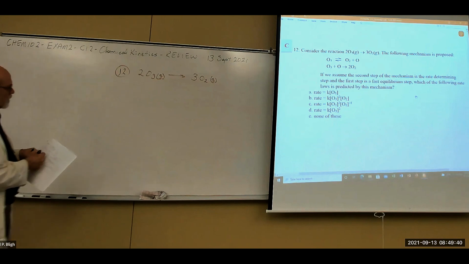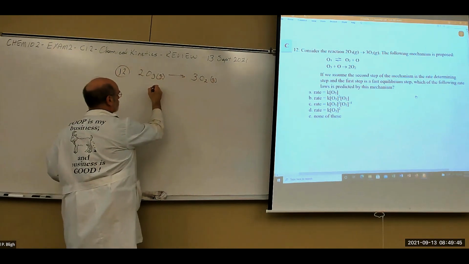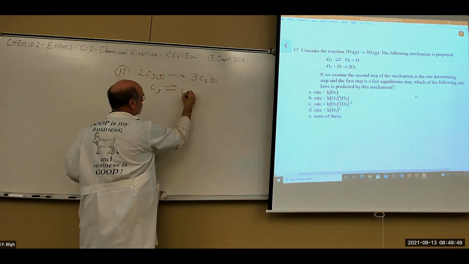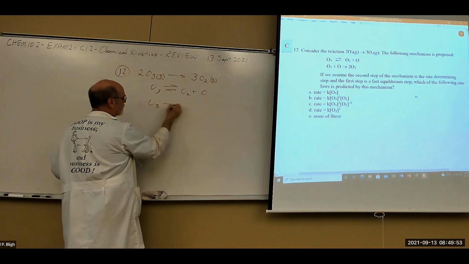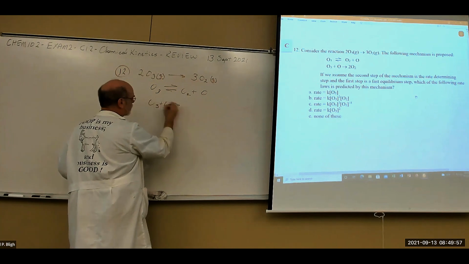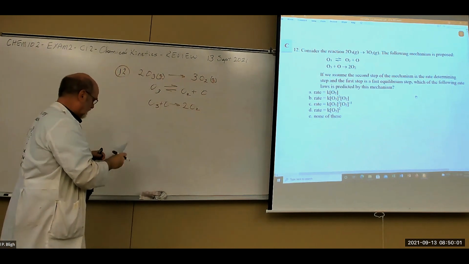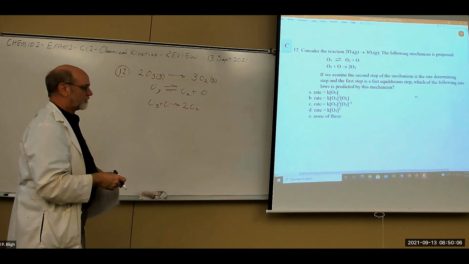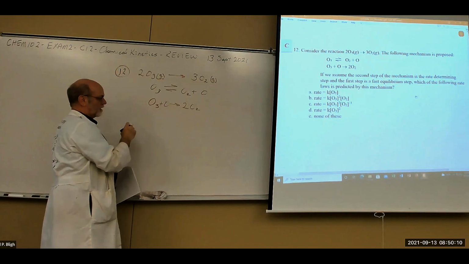All right, so let's go ahead and write these up here too. O3, fast equilibrium yields O2 plus O. And then the rate determining step is O3 plus O yields 2O2. First condition, is this a valid mechanism?